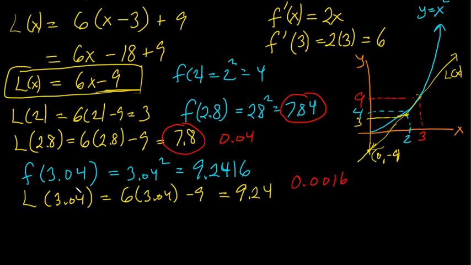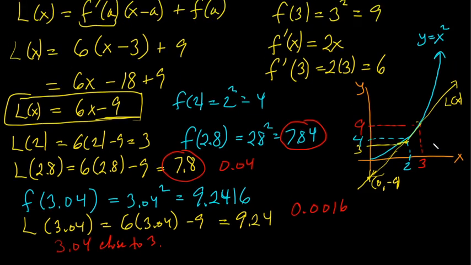So yes, and again, that's because 3.04 is very close to 3. Right. Okay, so that's the idea, right? As long as we're near x equals 3, we're using the tangent line to approximate the function x squared.